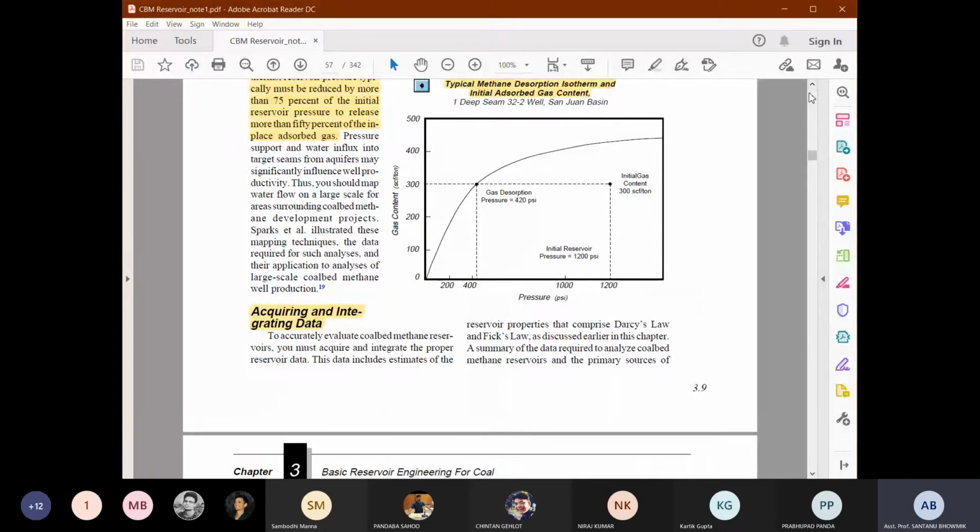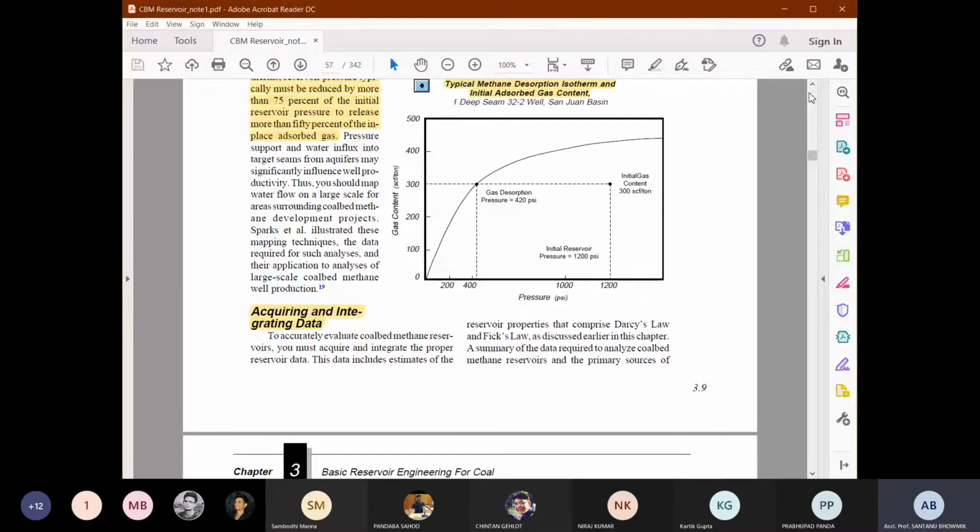Today, we'll be starting with how, if you are not going to have a physical well for testing, but suppose you have some earlier data or earlier information about this coal methane production or coal methane report, you are going to take the data and use it for your calculation.